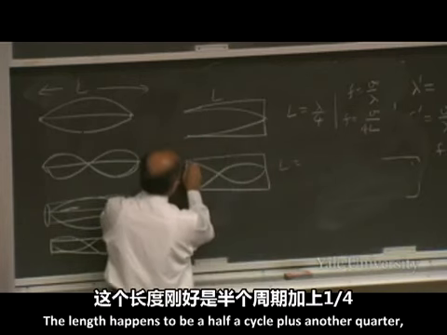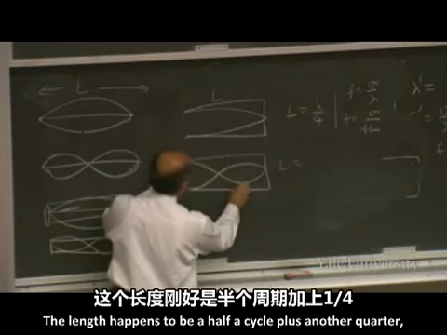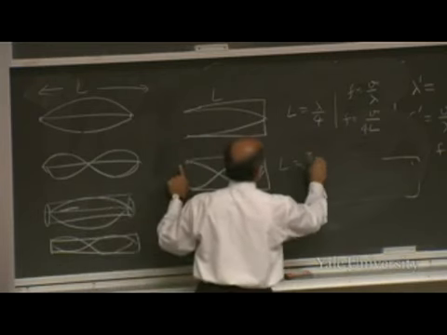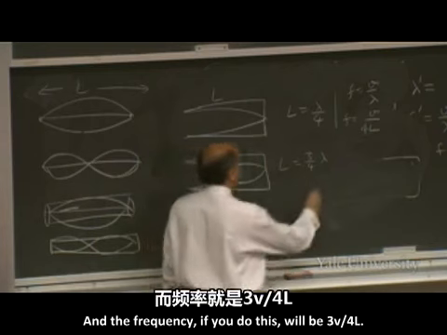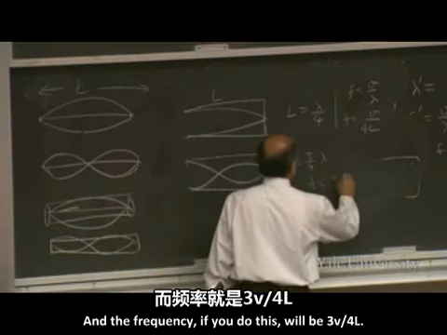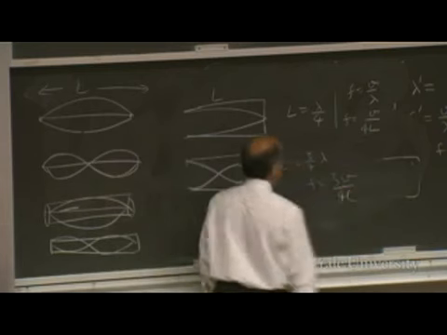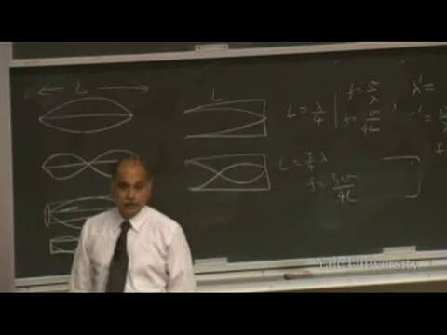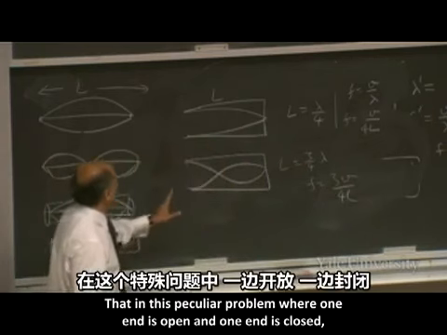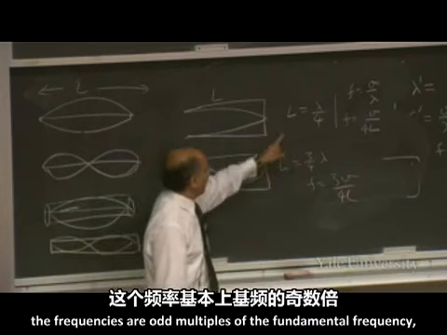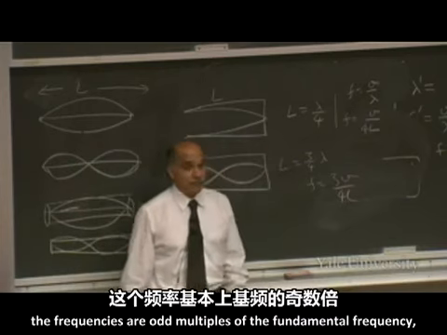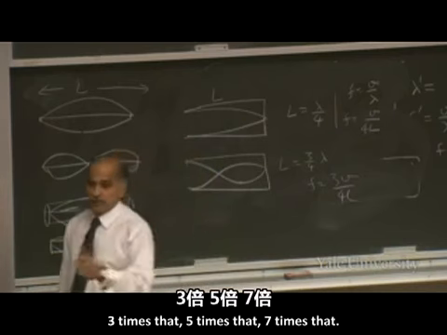The length happens to be half a cycle plus another quarter, which is 3/4 of lambda. And the frequency, if you do this, will be 3V over 4L. And this is all I want you to notice: in this peculiar problem where one end is open and one end is closed, the frequencies are odd multiples of the fundamental frequency. 3 times that, 5 times that, 7 times that.